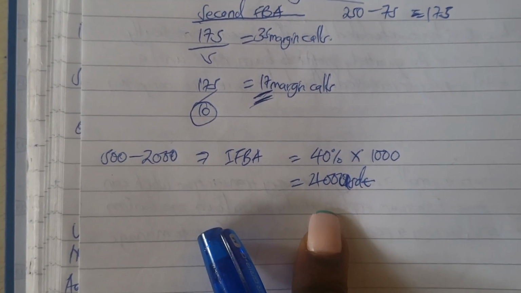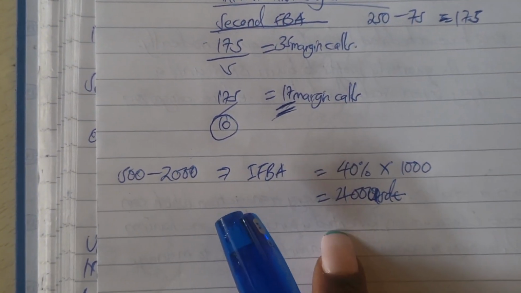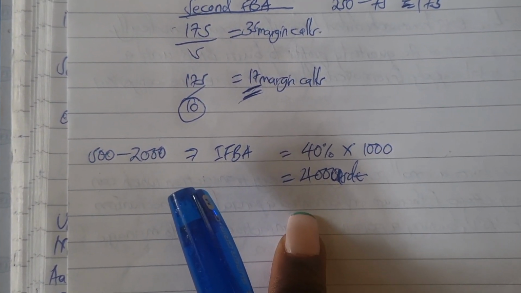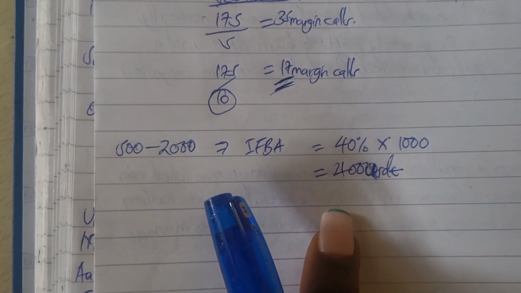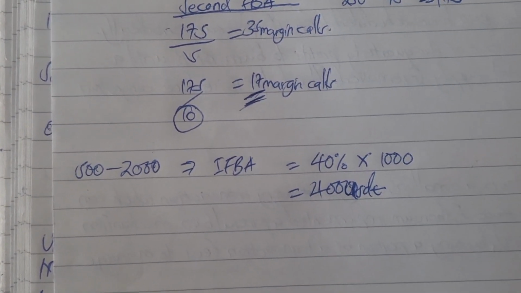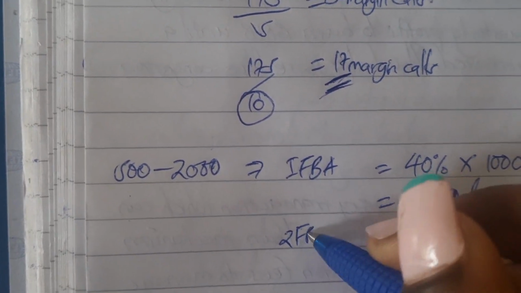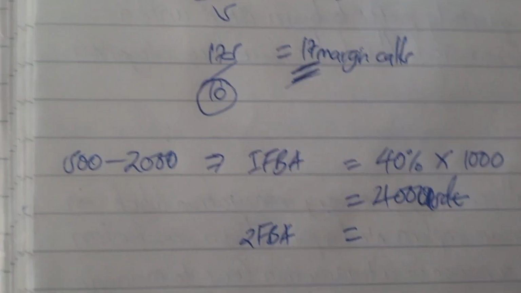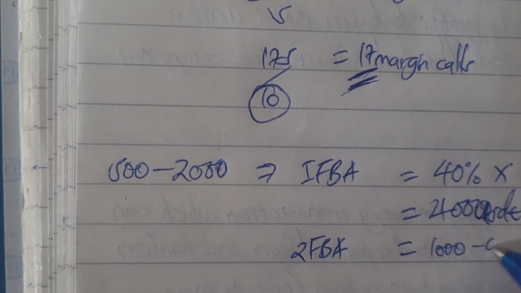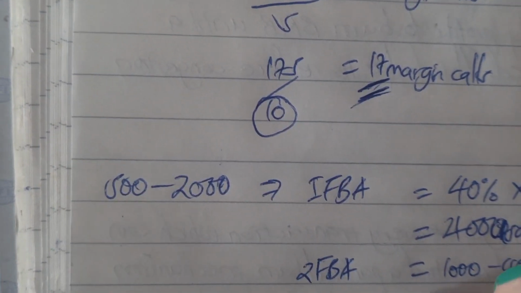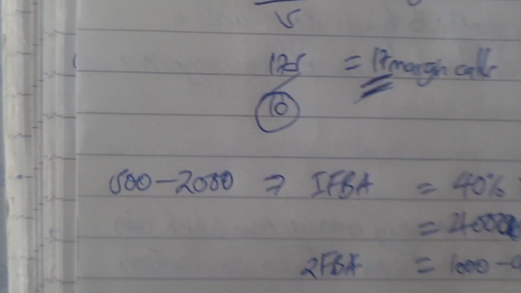So the second time, we want it to invest less, because remember we say that margin calls act as a safety net in the marketplace, because sometimes the coin does not go as we expect. So our second first buying amount will be 1000 minus 400, and we get 600 to get margin calls.